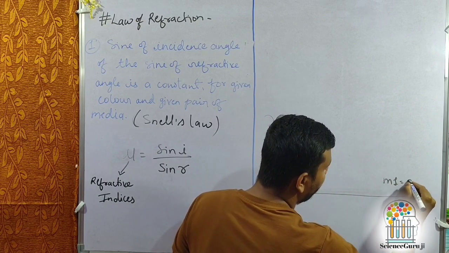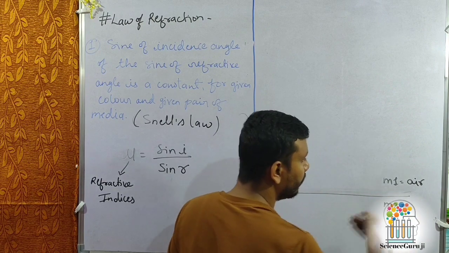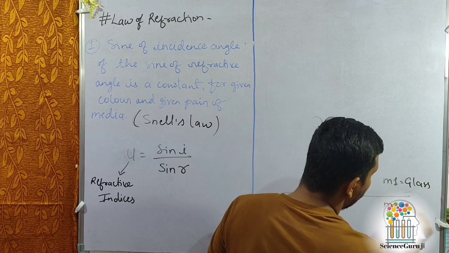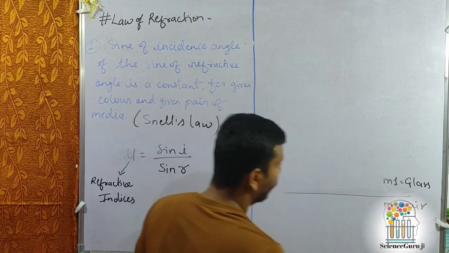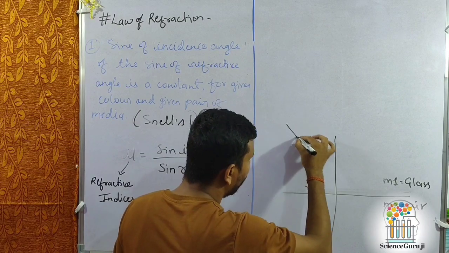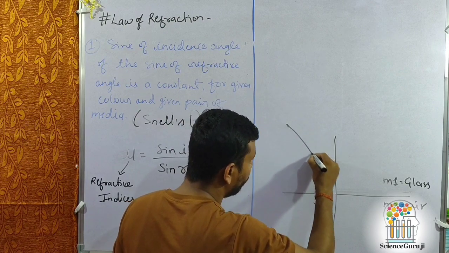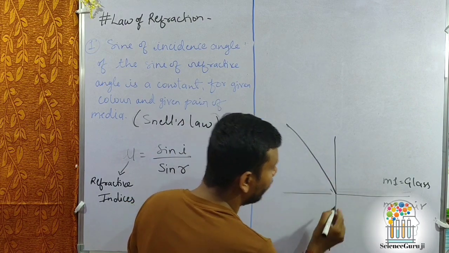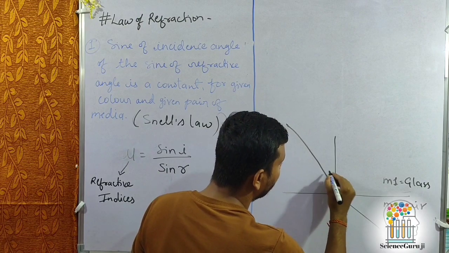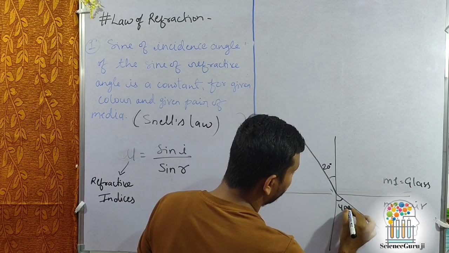M1 is air and M2 is, suppose, glass. This is our normal. When light comes from a source, it goes away from the normal. Suppose this angle is 20 degrees and this angle is 40 degrees.